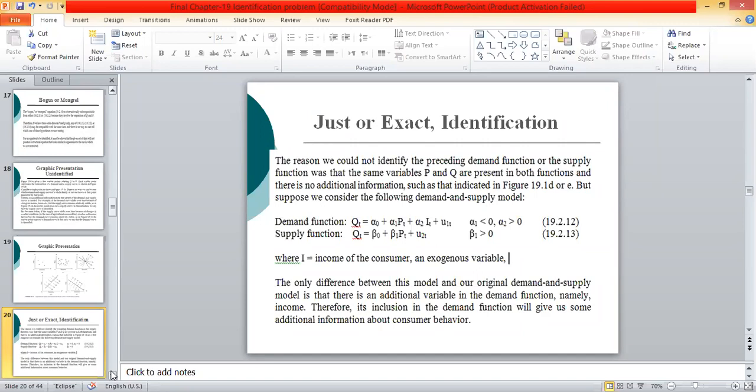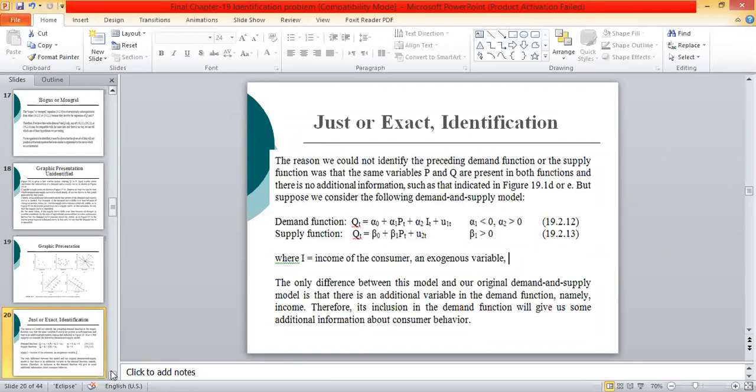So there is no additional information, such as indicated in the figure. In the figure, we have identified the supply equation because we have some additional information, and we have identified the demand equation because we have some additional information. But until we have additional information, we are unable to identify the demand function or the supply function.